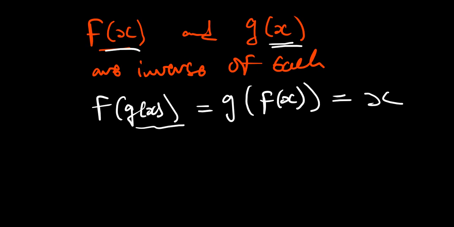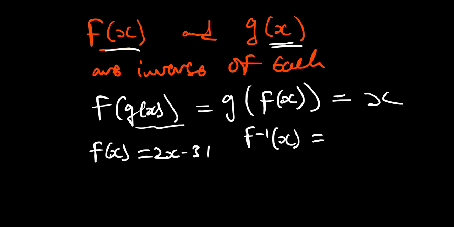So remember the first function that I wrote there. I said we had f of x is equal to 2x minus 3, and then we found the inverse of this to be f inverse of x is equal to (3 plus x) divided by 2. So these two functions are inverses of each other.